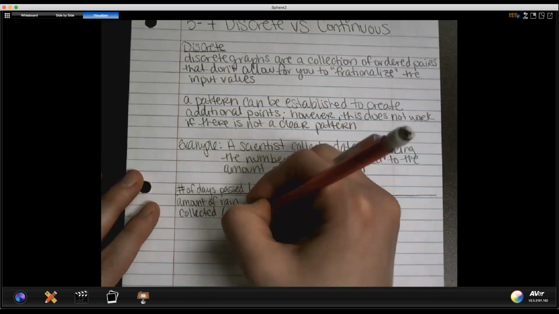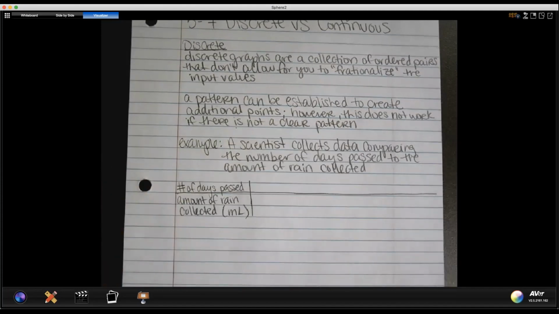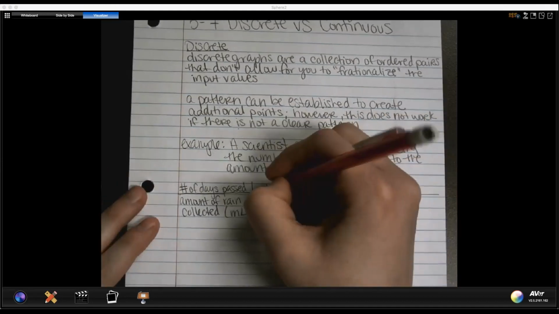And we'll say they're collecting it as milliliters. All right, so the data that they collected is as follows.